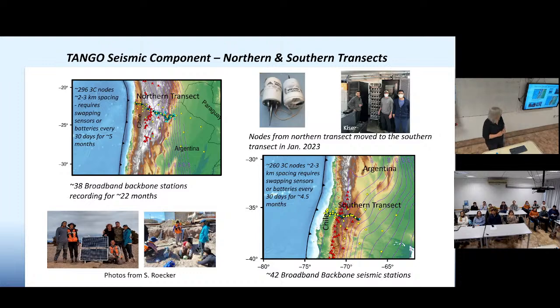A lot of people were involved both in Chile and here. We had groups from Salta, of course, and from the University of San Juan. And we just finished pulling out all these stations in the south, the broadband stations, in the last few weeks. And on Friday, we got them on a truck to Buenos Aires, heading for customs to export.